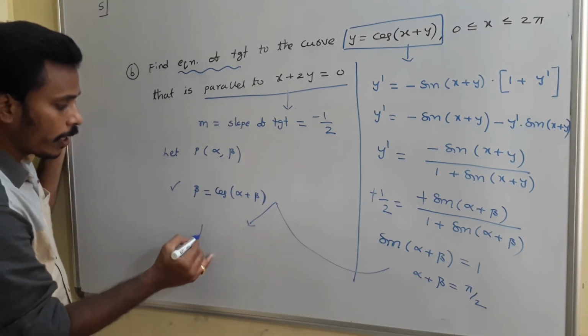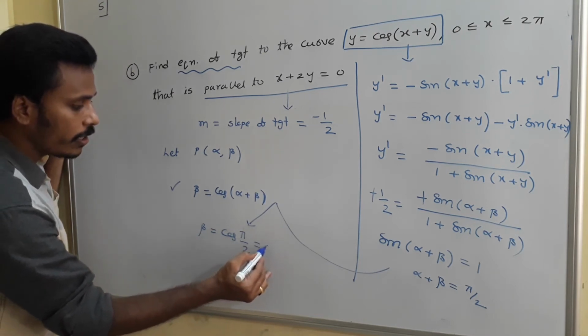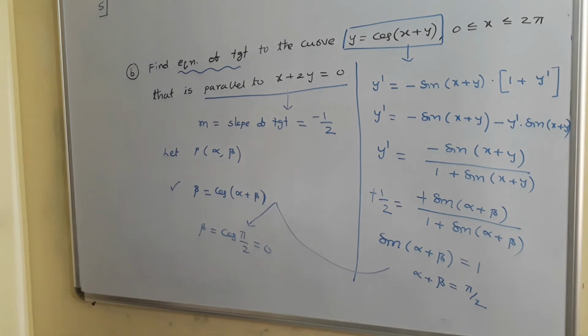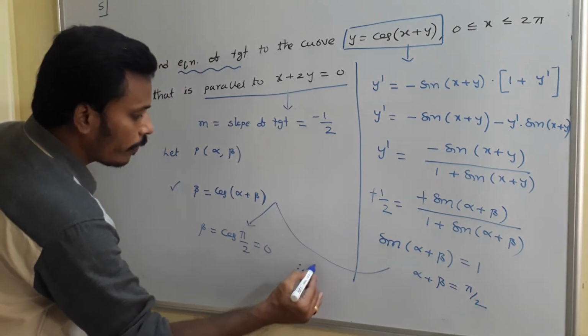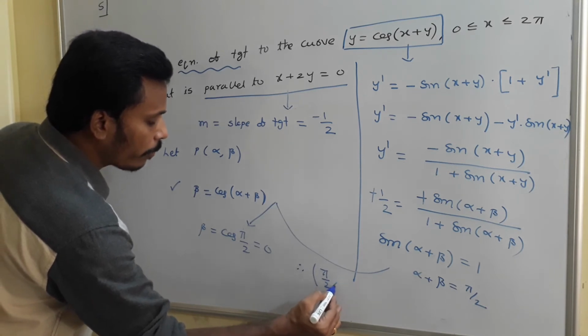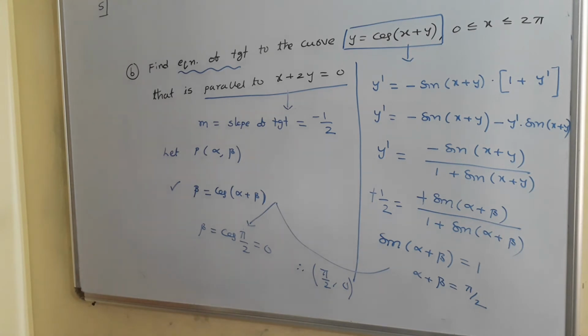From there what you get is beta equals cos pi by 2. And we know that cos 90 is 0, right? So the beta value is 0. And since beta is 0, alpha is pi by 2. So we conclude that alpha is pi by 2 and beta is 0. So pi by 2 comma 0 is the point.